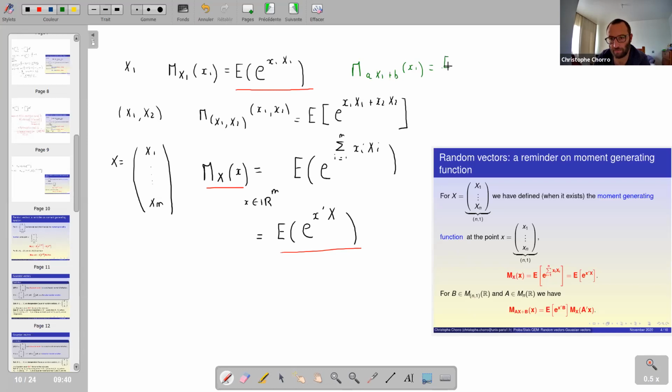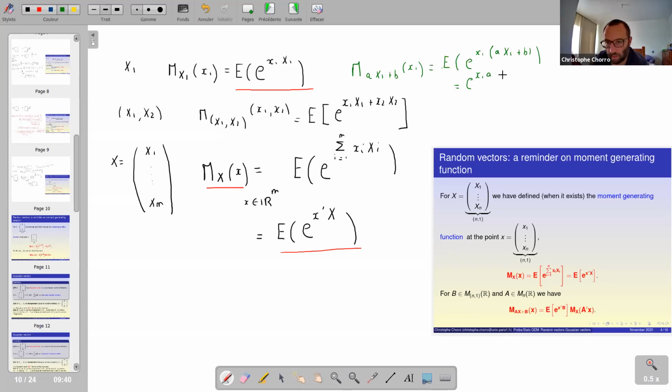It's the expectation of exponential of x1 times a x1 plus b, that I can write as, so I can remove exponential of x1 b from the expectation because I don't have a random variable.